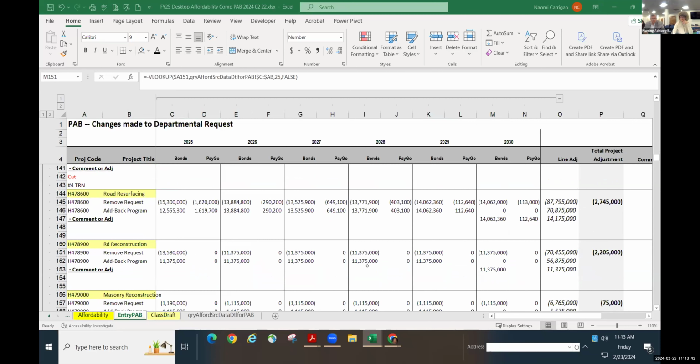Sorry, the little bar at the bottom wouldn't disappear and I couldn't read my spreadsheet. So they were requesting 16.9. The budget had them in for about $14.2 million every year, active plan. That cuts 2.745.